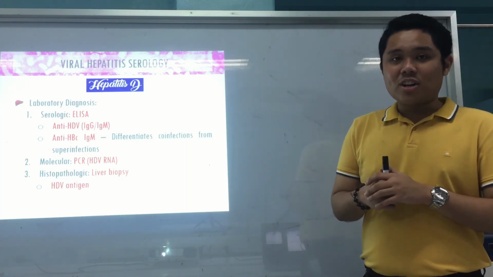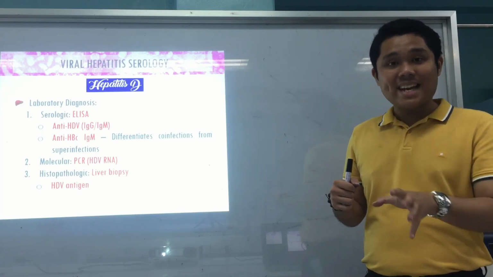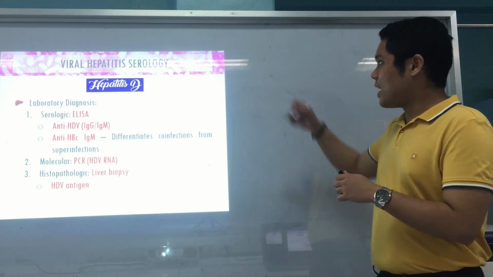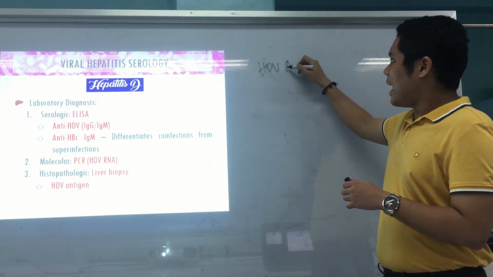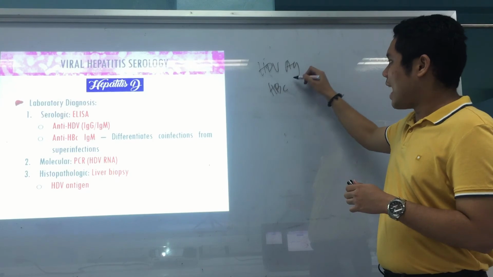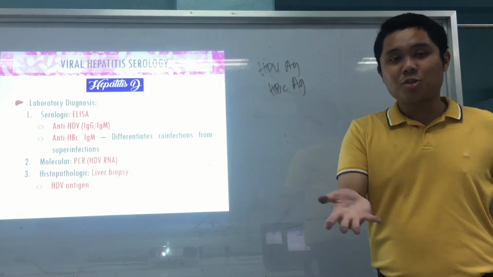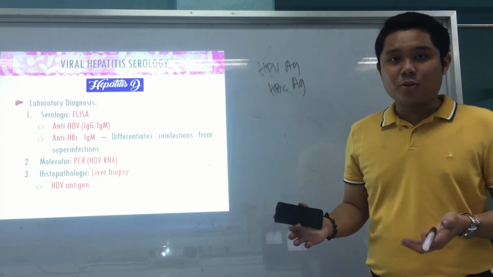Aside from HDV antigen, there's also your HBc antigen. It can be detected through liver biopsy. So HDV antigen and your HBc antigen, these are the two that can be detected through liver biopsy. That is why HBc antigen cannot be detected in serum.